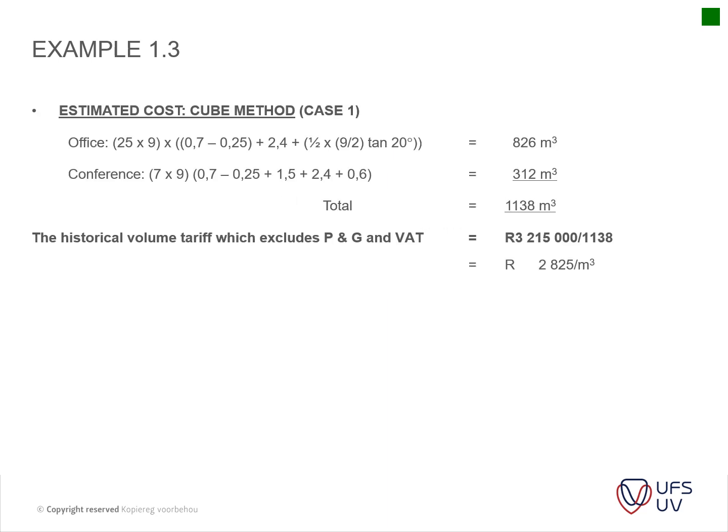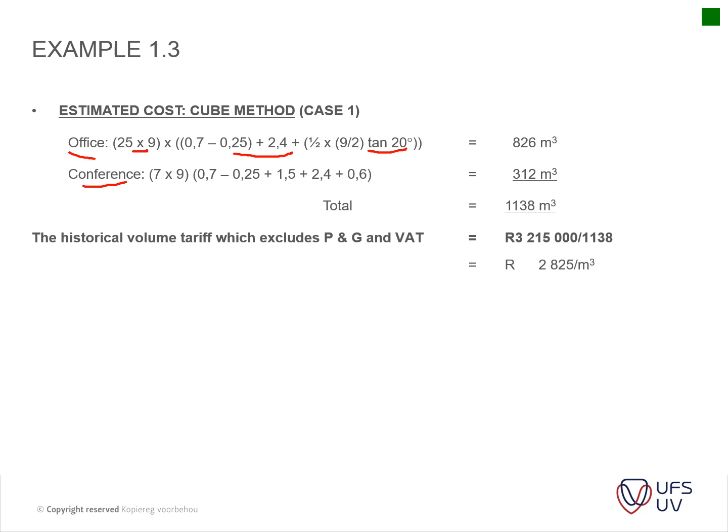Okay, so your estimated cost by the cube method: your office building, and you've got a conference center. Basically you've got your area, then you calculate the height of your ceiling. I'm going to explain the little trigonometry formula that you need to know as well, so you will have to practice this.